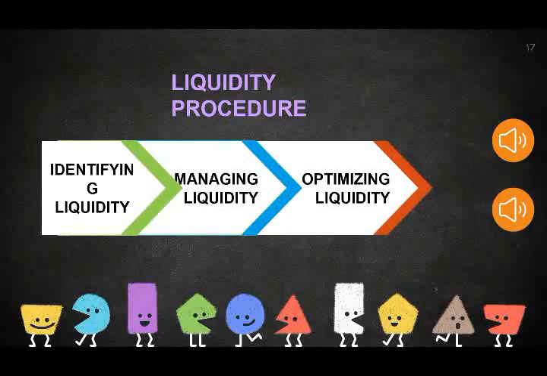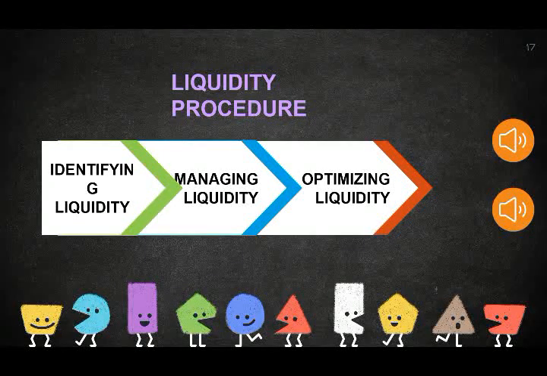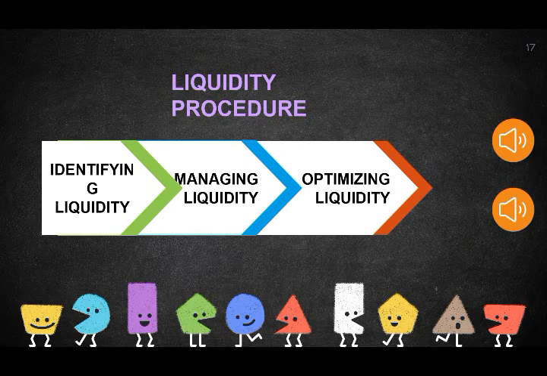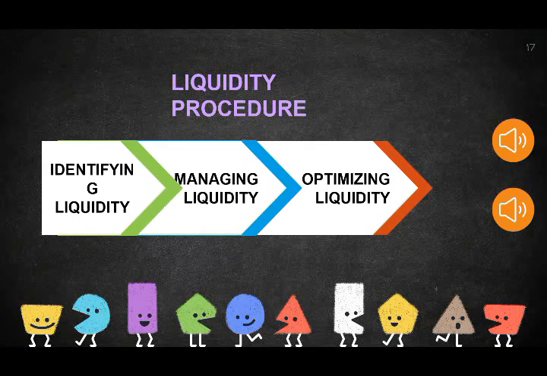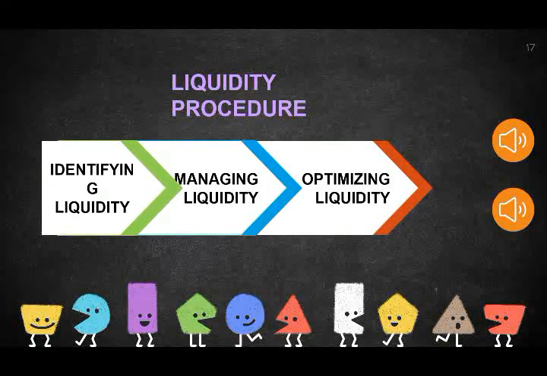Effective liquidity management requires three steps. First, identifying liquidity. Second, managing liquidity. And lastly, optimizing liquidity. These steps are interdependent, meaning each requires the successful implementation of the other two to optimally manage liquidity.